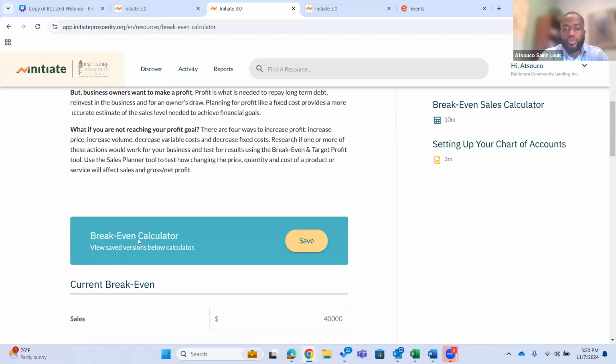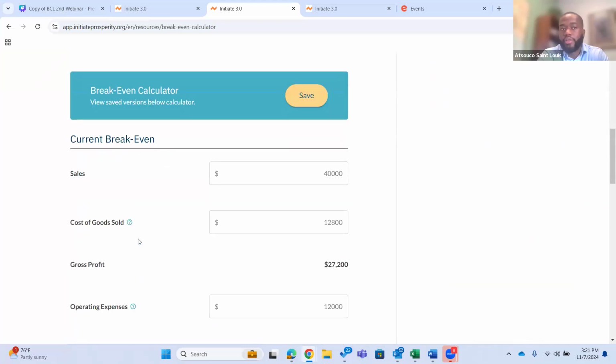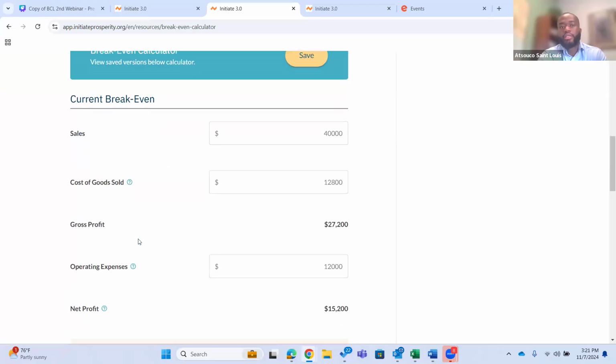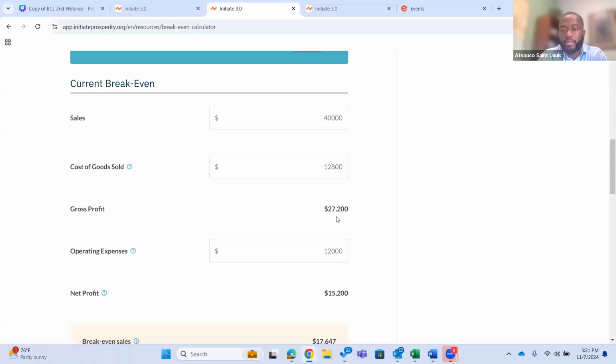What he is going to need to do is utilize a break-even sales calculator. So let's say these are the numbers for Damien's first year of business. If he's like, okay, I want to make $40,000 my first year, that is my goal for this business. And he put together his income statement, his balance sheet, his cash flow projections, and he's understood that the cost to make that is probably going to be $12,800, which means he can project a gross profit of $27,200.